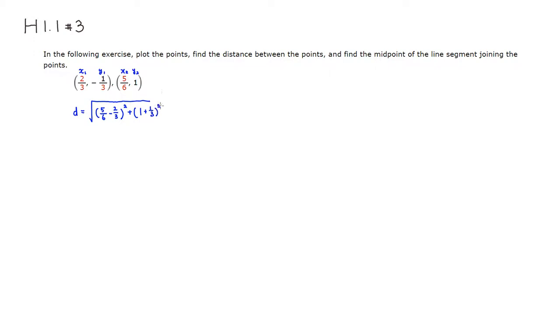If you simplify that, you're going to get the square root of, taking a common denominator, 6. So you have a 5 minus, multiplying 2/3 by 2 over 2 to get 6, 2 times 2, so a minus 4.